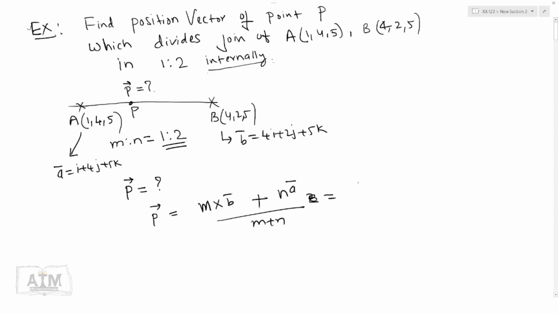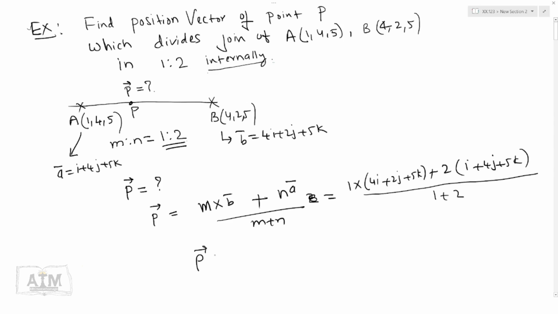This equals, m value is 1, and vector B is 4i plus 2j plus 5k, plus n, which is 2, into vector A, nothing but i plus 4j plus 5k, upon m plus n, that is 1 plus 2.